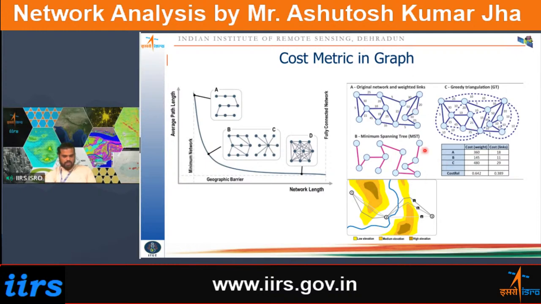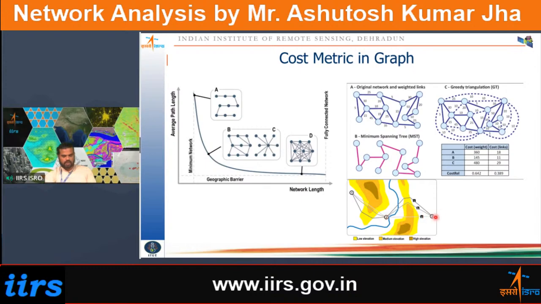Once we have such a cost matrix associated with that, we can create alternative routes. This is just an example where in your network the direct connectivity is there, but the travel time may depend upon the height or the slope of the terrain and so on.